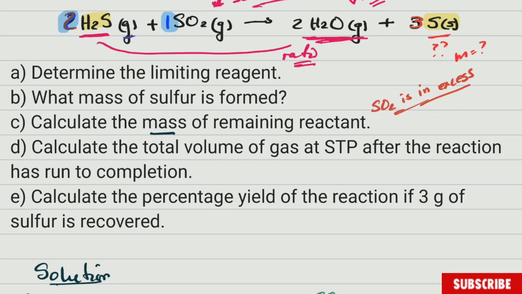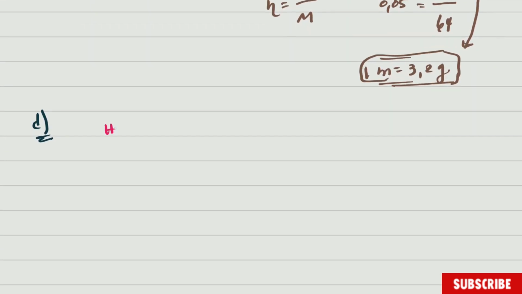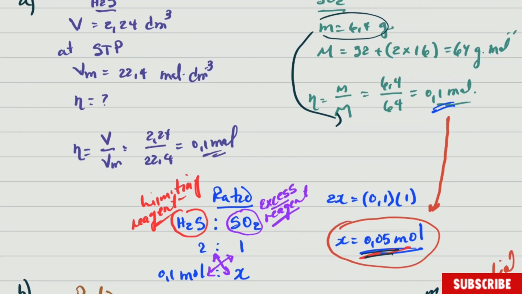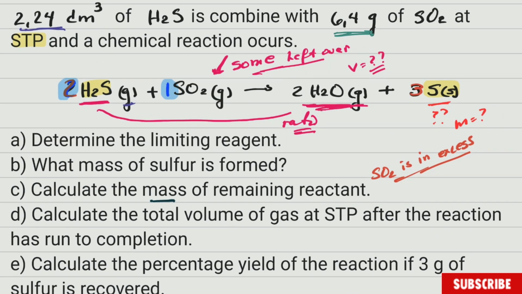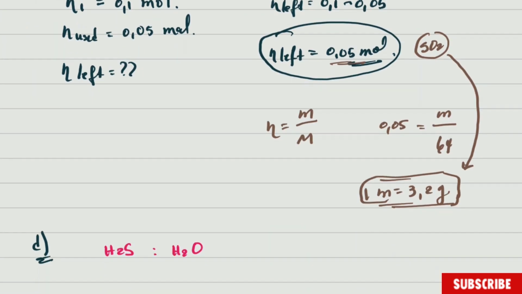The ratio of H2S to H2O is 2:2. 2 is to 2, and 2 is to 2 is the same as saying 1 is to 1.